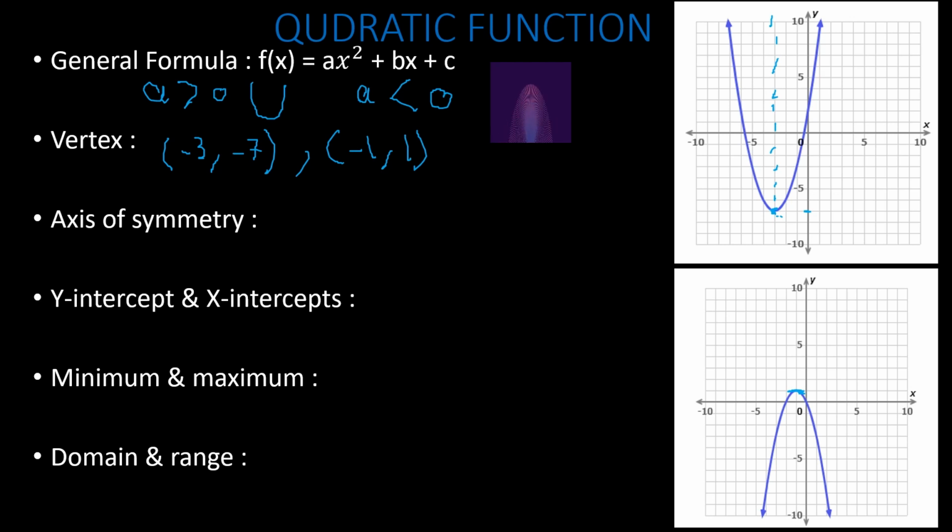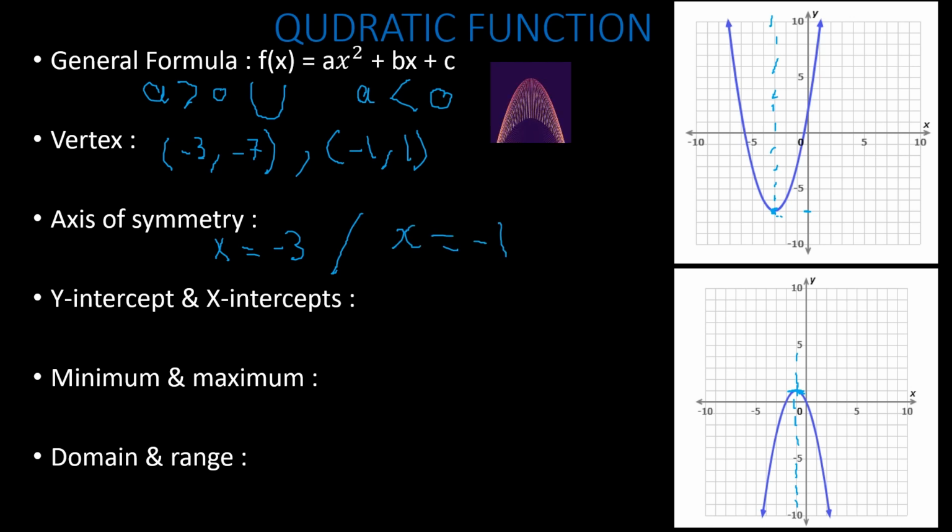For the first shape, the equation is x equals -3. This line is called the axis of symmetry. For the second shape, the line should pass through this point to make similar parts, so it will be x equals -1.